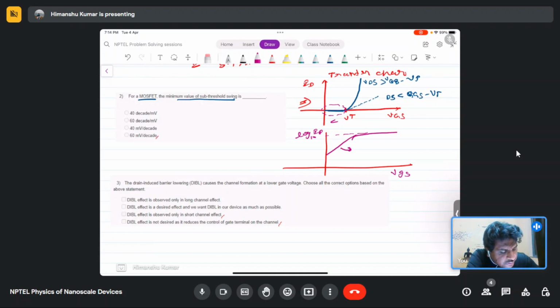The slope of this curve is known as the subthreshold slope, and the inverse of that is known as the subthreshold swing.